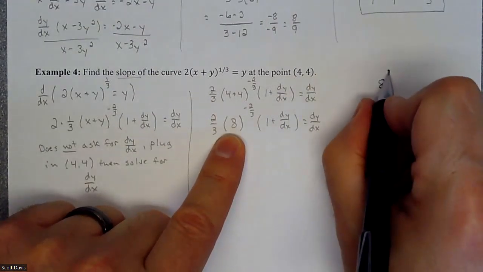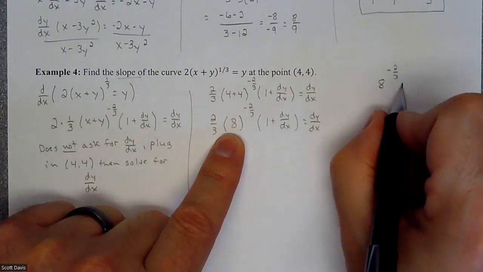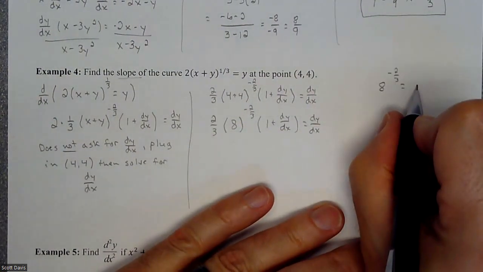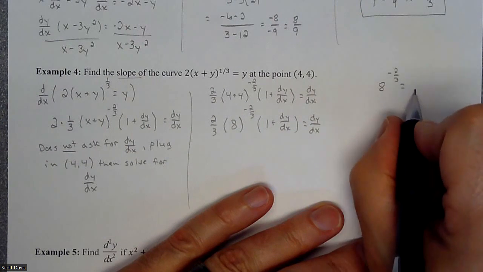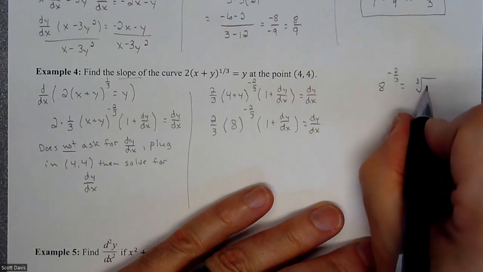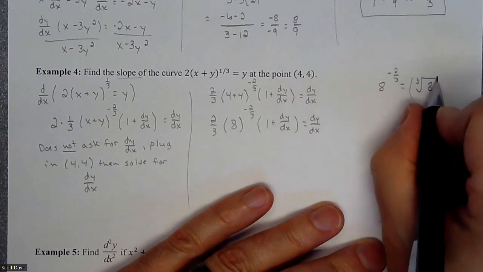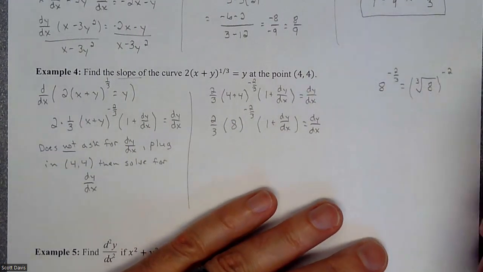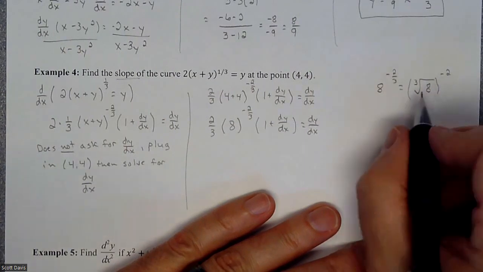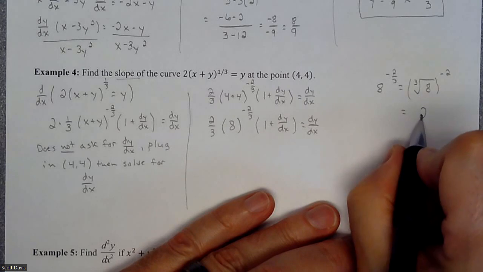This 8 to the negative 2/3 power, what it equals is: the root is your denominator. So it's the cube root of 8 being raised to the negative 2nd power. So we're still going to square it eventually, we're just going to make it a fraction. So cube root of 8 is 2.